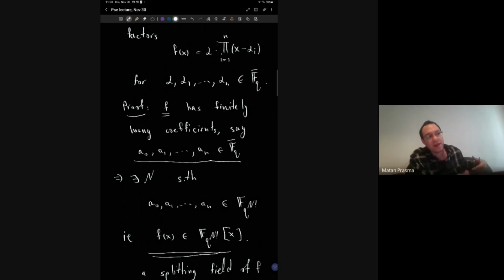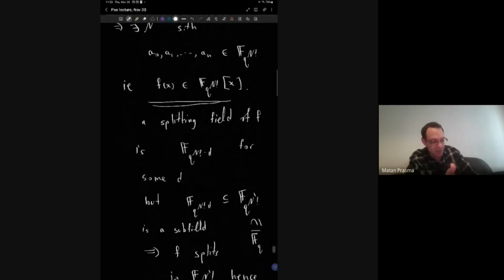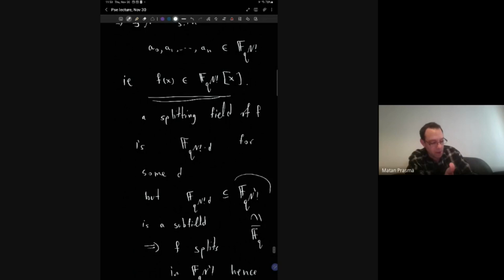I can construct the splitting field over this finite field, which will again be just another finite field, hence contained in some other finite piece of the tower. And once I know that the polynomial splits over a subfield, it must split over the bigger field.